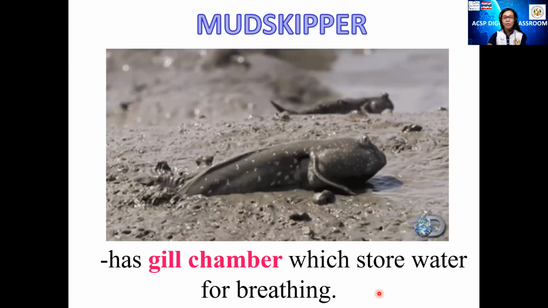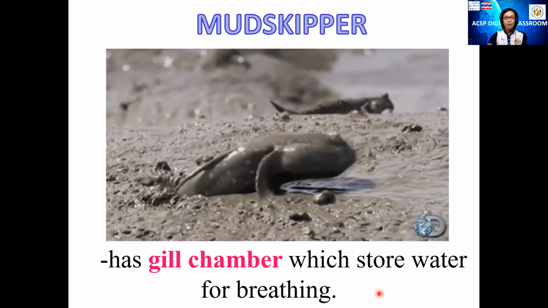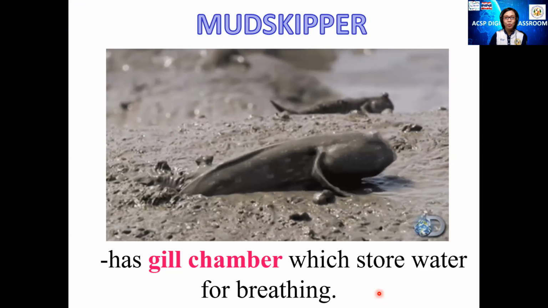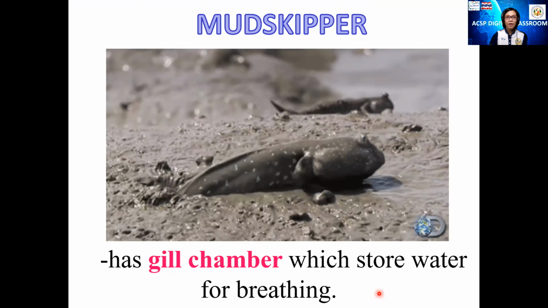It breathes using water in the gill chambers. That is the adaptation of this mudskipper. Also the crab. They have a gill chamber to store water for breathing.